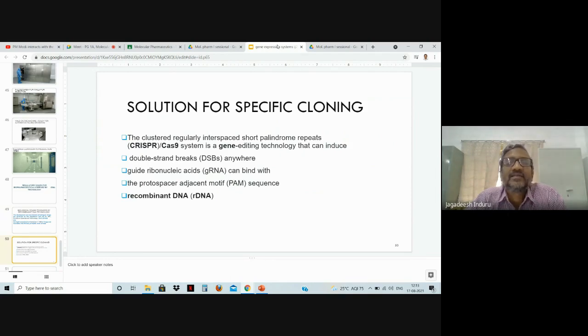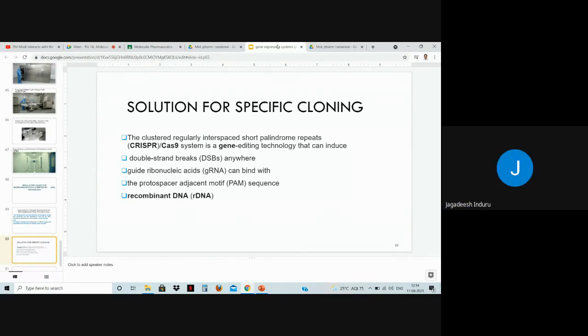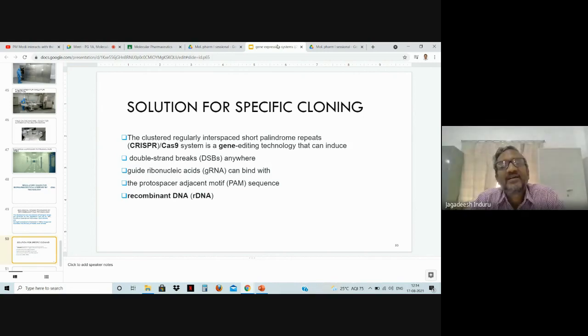So how does CRISPR work? Most of the time, CRISPR introduces a double-stranded break anywhere you desire, at the guiding nucleic acid that is present. This is a ribonucleic acid, which guides to a particular sequence that we can specifically diagnose and synthesize.